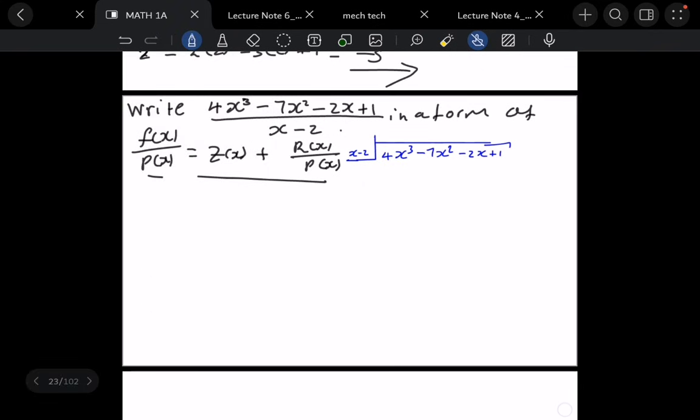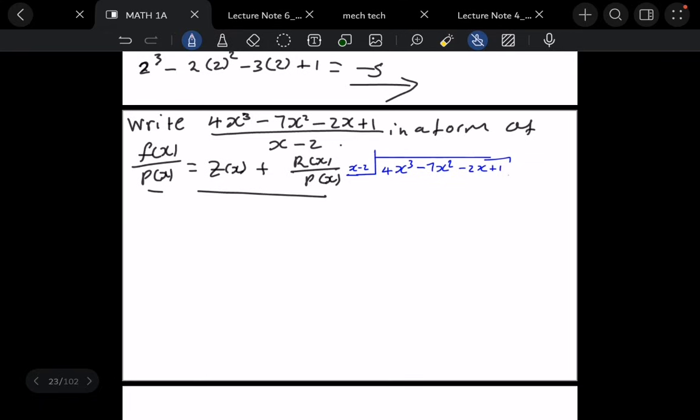To divide using long division, we do not use this whole term. We only use this value of x and divide everything across. So we ask ourselves, how many times does x go into 4x cubed? It's going to be 4x squared.